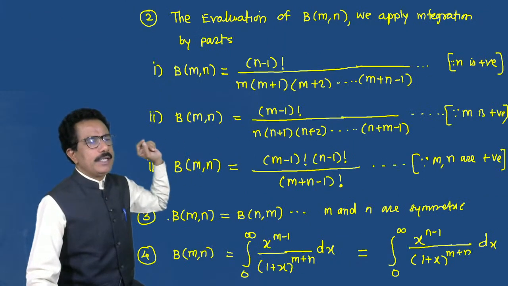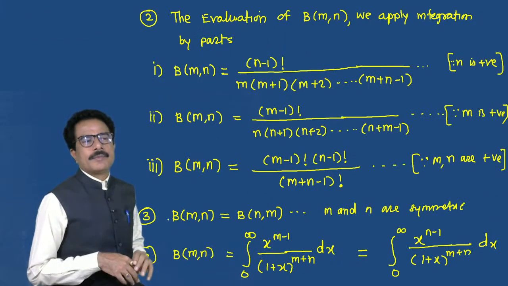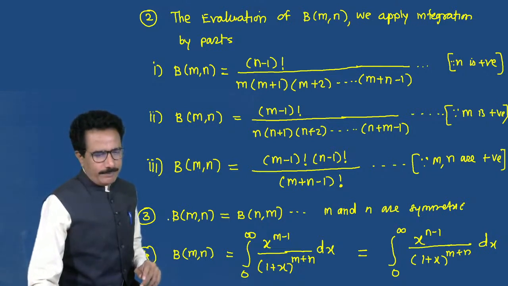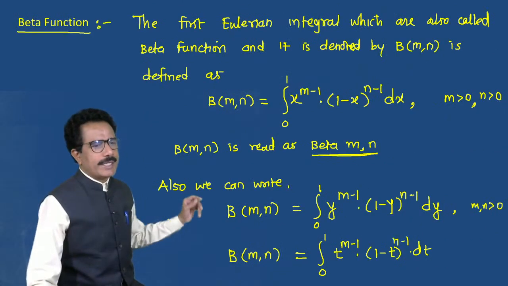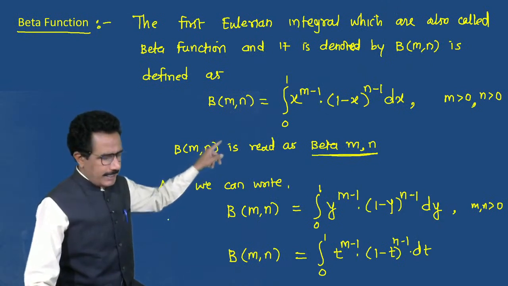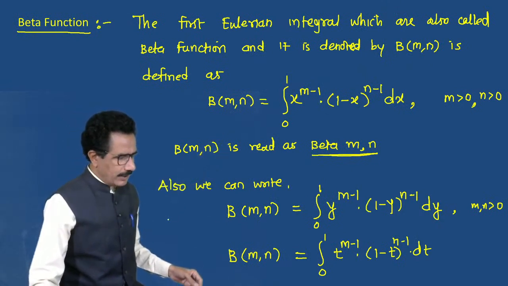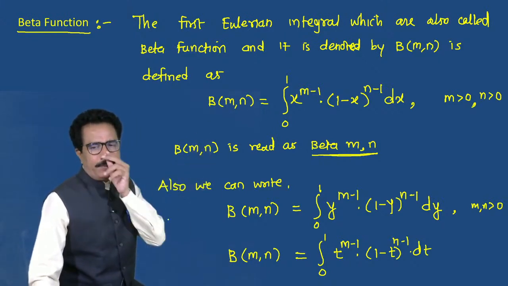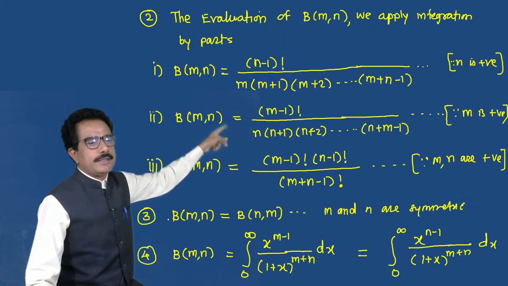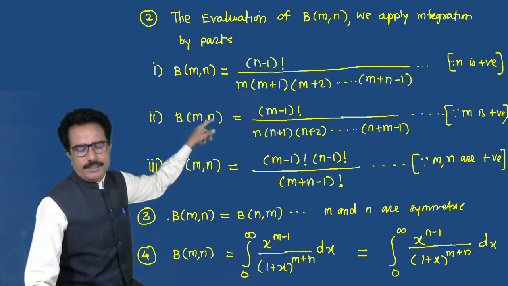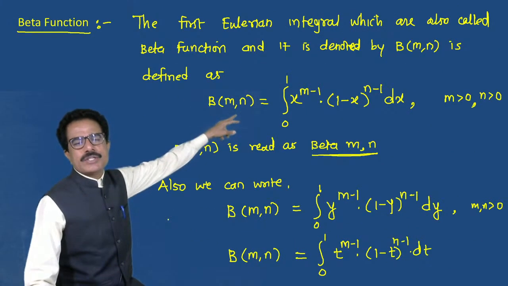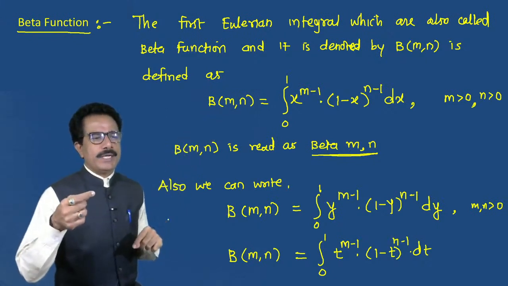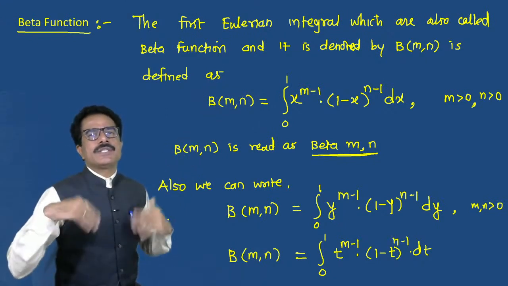See this. We can also find the value of a beta function. How can we write it? See this. These are the values of a beta function, the first, second and third, which are obtained by taking integration by parts of x raised to m minus 1 into 1 minus x raised to n minus 1.